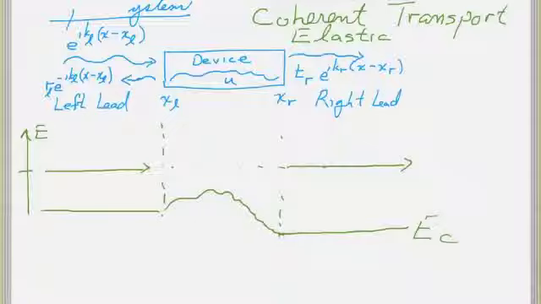Okay? It's elastic transport, coherent transport. And so, if you think of a simple parabolic model, this kinetic energy here, the distance from the band edge, is going to determine the wave vector on the left side, and this energy here will determine the wave vector on the right side. The energy is the same. The wave vector changes simply because you have more kinetic energy when you come out the right side. Okay, so this is the picture in terms of a band diagram, what we're talking about.